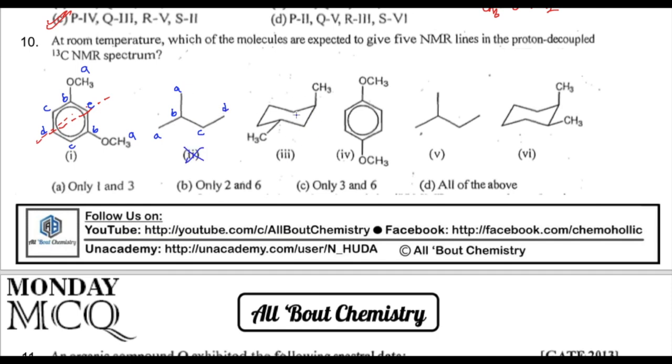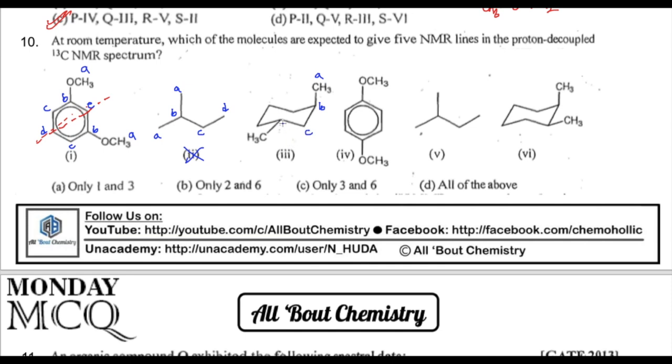In option number 3, it's an axial and equatorial kind of thing. Here what you have to look at is whether this is a symmetrical thing or not. So this is A type of carbon. This is B type of carbon, because there is no other carbon which is quite similar to that. This is C type of carbon.